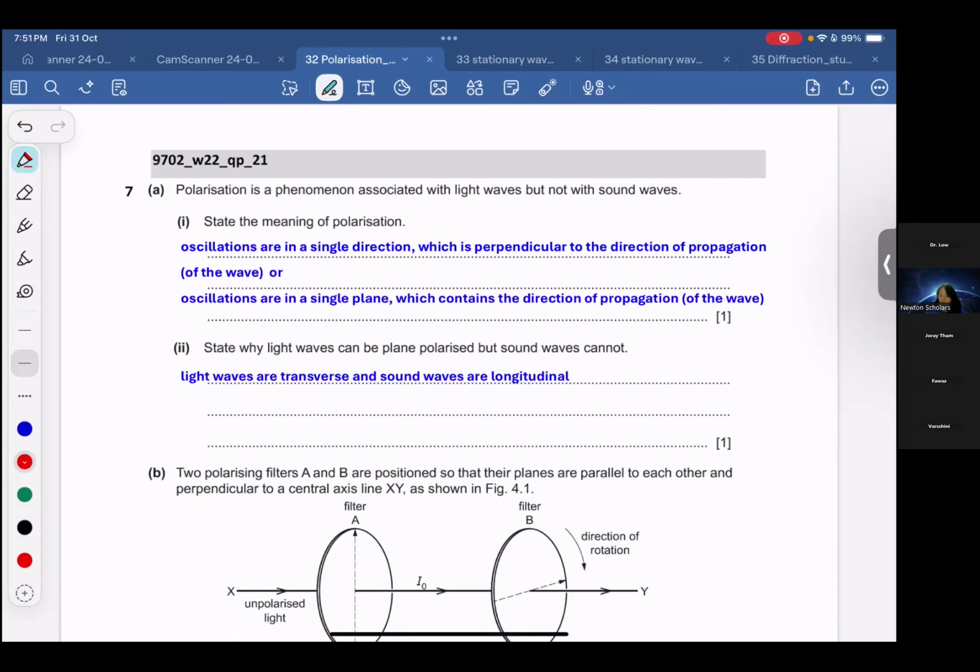Last week I mentioned, if the wave passes through like this, and if you are a sound wave, you keep going forward and backward like this. No matter what kind of filter you use, it just passes through. So it cannot be polarized. Only a transverse wave can be polarized, not a longitudinal wave.